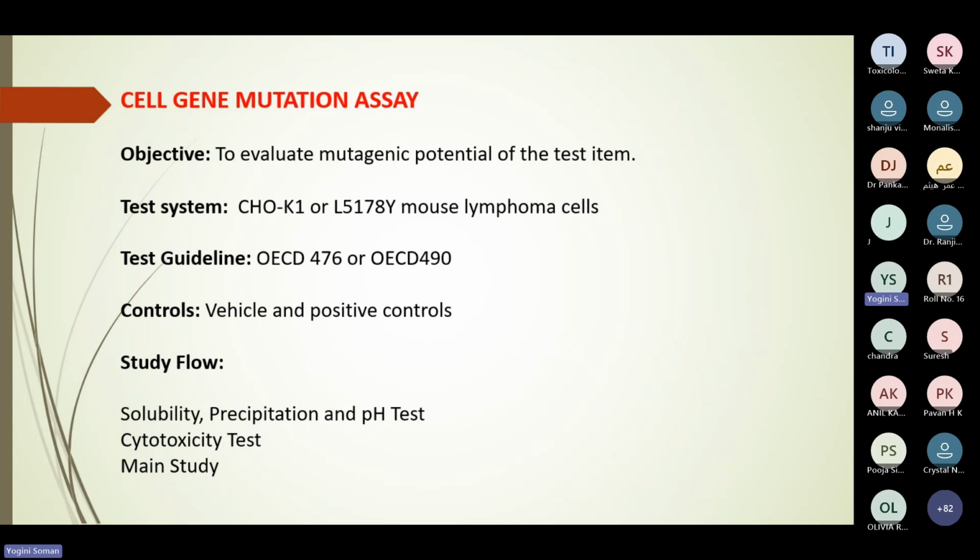If relative survival is, for example, 5% for 2000 microgram per ml, 7% for 1000 microgram per ml, and 15% for 500 microgram per ml, then the highest concentration selected for the main study is 500 microgram per ml.